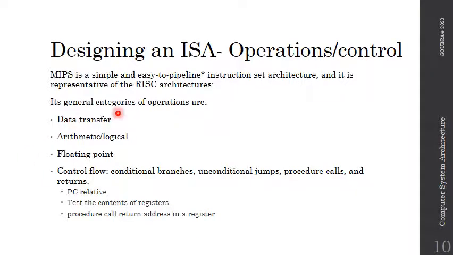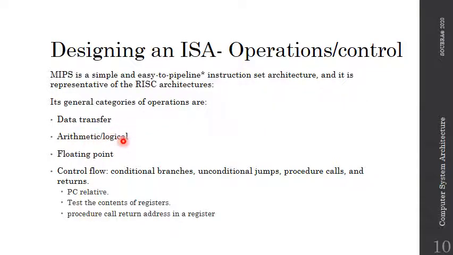So what are the different operations that we can do when it comes to the ISA, especially the MIPS one as an example? Well, we can transfer data between the registers and the memory, and between the registers themselves.